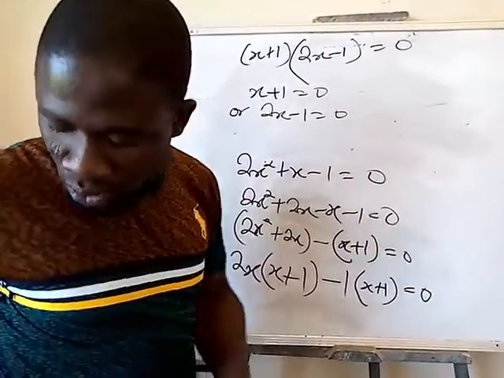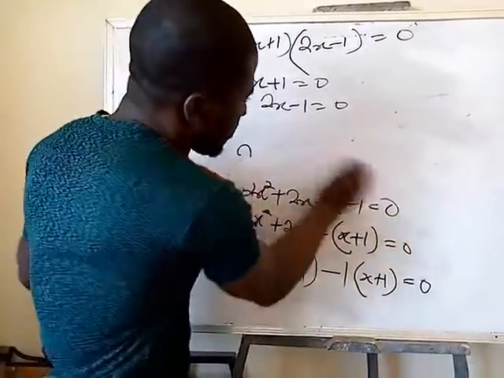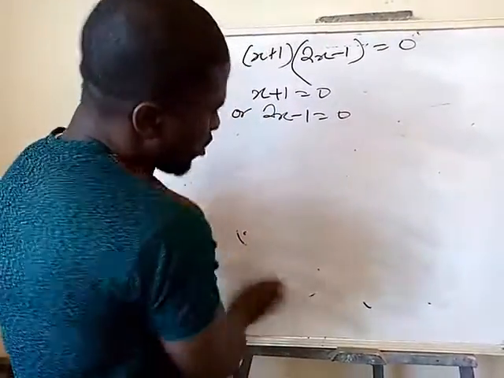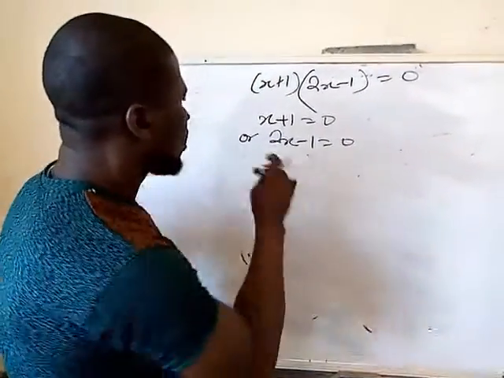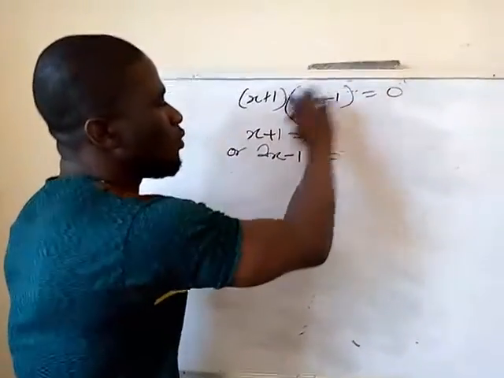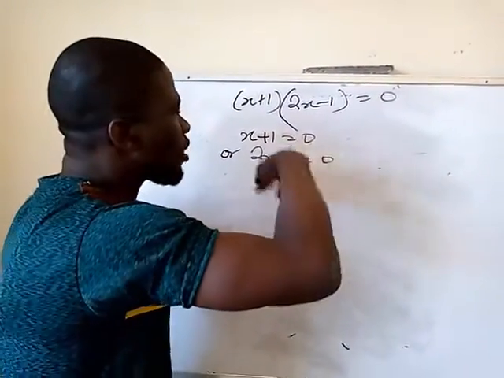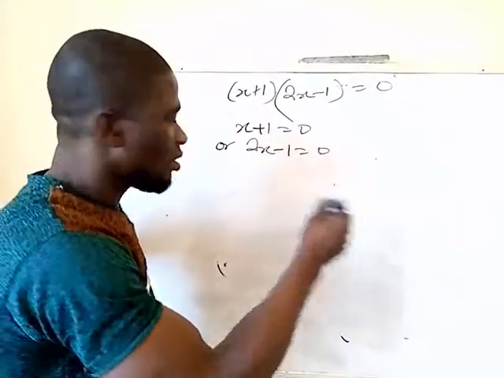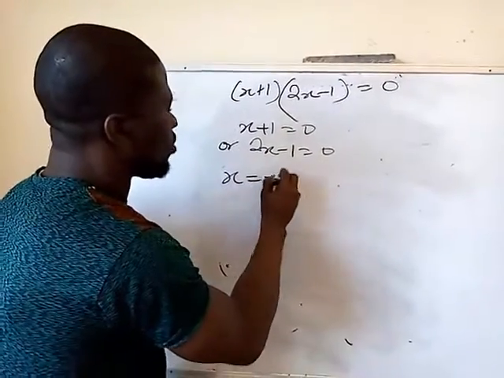So at this point now, we tend to find the value of x, which we are very close to now. So you have this plus 1, we move across the equal sign. When it crosses the equal sign, the sign will change to minus. So you have x equal to minus 1.